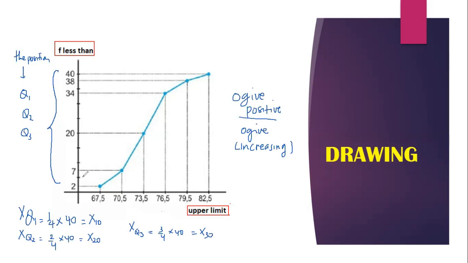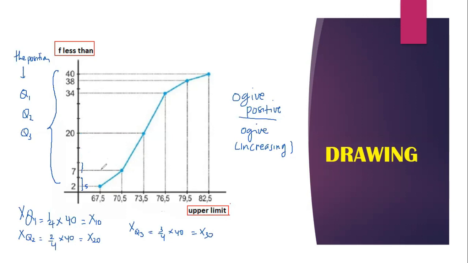Look at the scale: 1, 2, 3, 4. Every scale, the range is 5. We got the information for the y-axis.